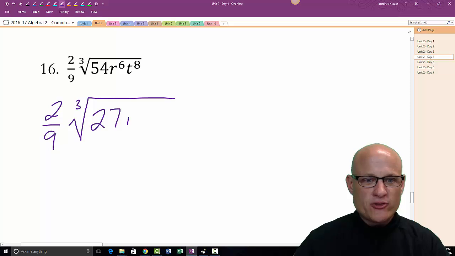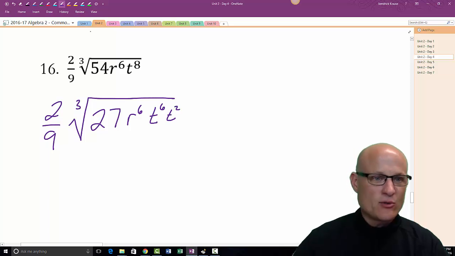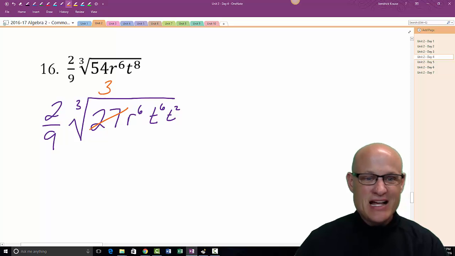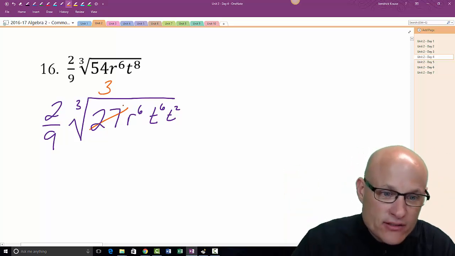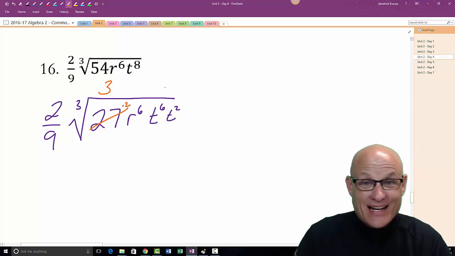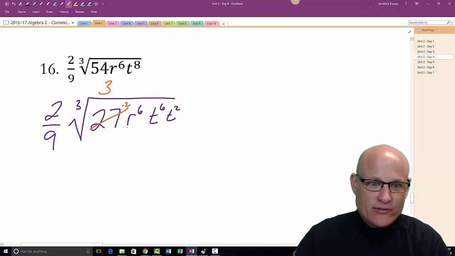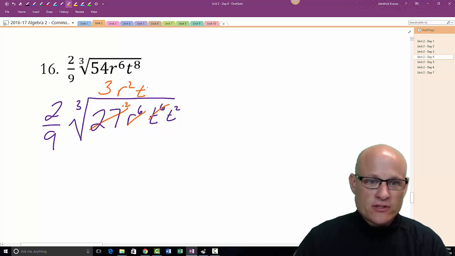Looking for multiples of 3, so that's r to the 6th. That is a multiple of 3. Looking for multiples of 3 here, so that's t to the 6th and t squared. All right, the cube root of 27 is 3. It's not 27, it's 27 times 2. I forgot the times 2. Stop yelling at me, I make mistakes. r to the 6, r squared. t to the 6, t squared.